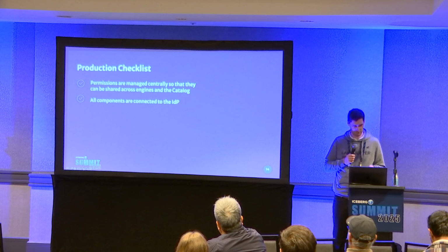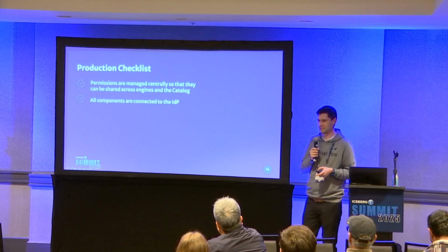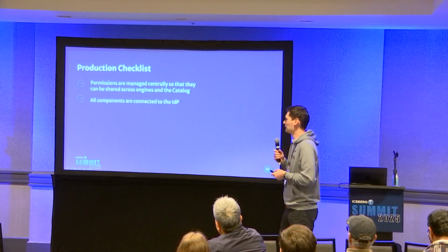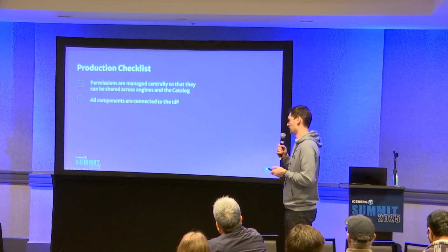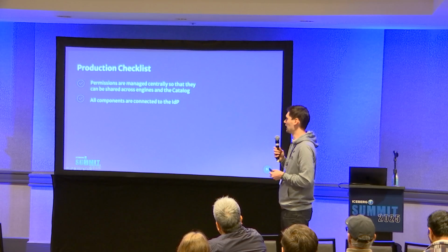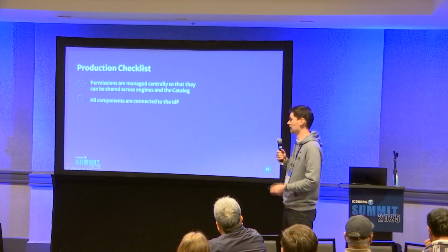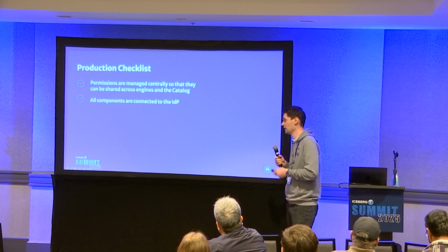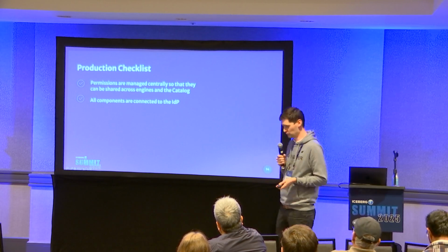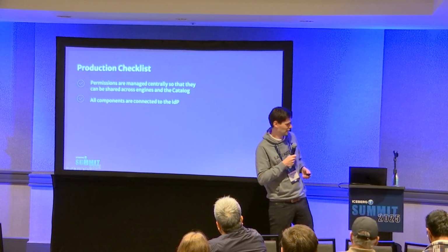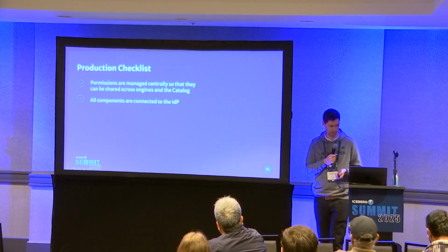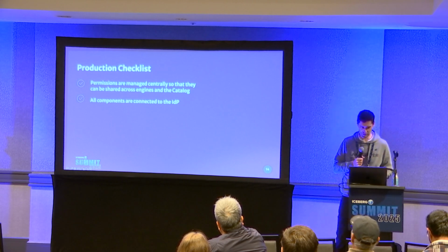So I have a little production checklist that we fill during the talk, with a few things that we learned. The first point is that permissions should be managed centrally so that they can be shared across engines and the catalog. And all components in our platform should be connected to the IDP because otherwise we can't share permissions.